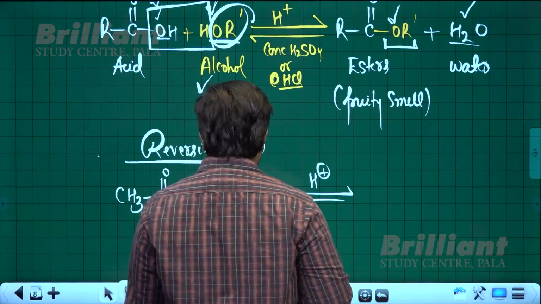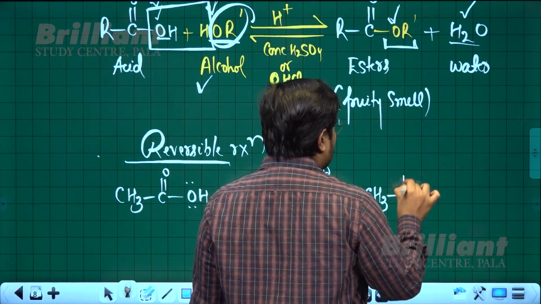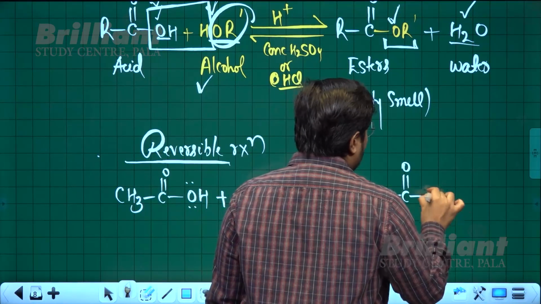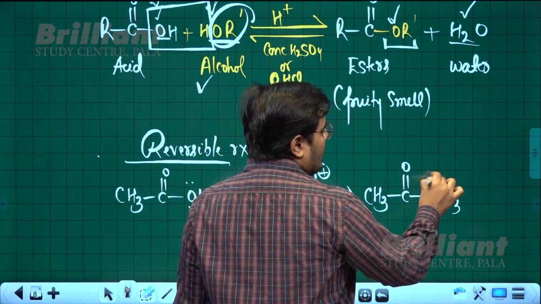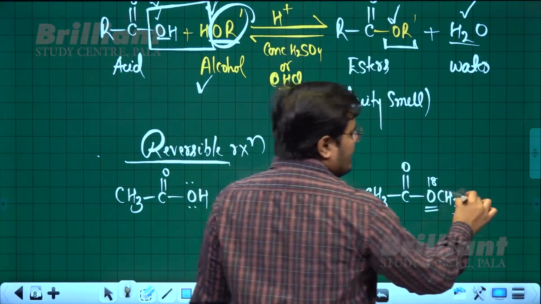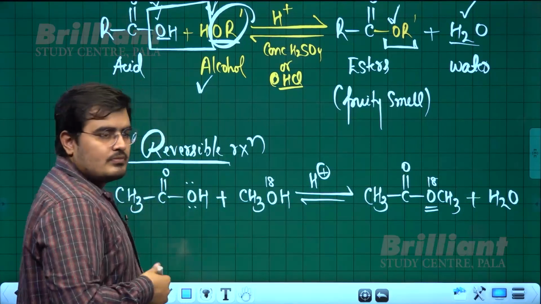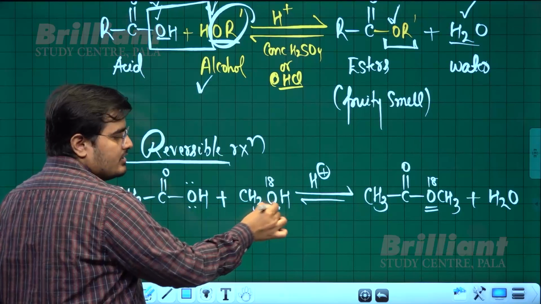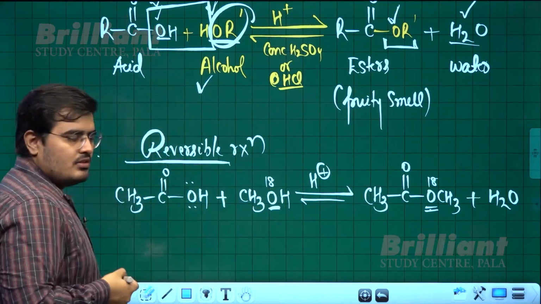Then when I want to write the ester as the product, I know OH of acid will be replaced by OR of the alcohol, and this oxygen will be 18 oxygen, plus you will get water. So this oxygen is the oxygen of the alcohol which is present in the ester.